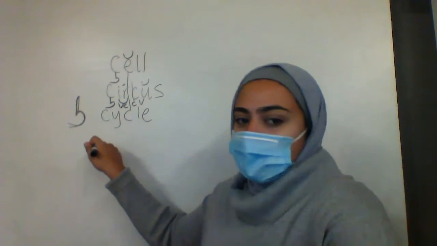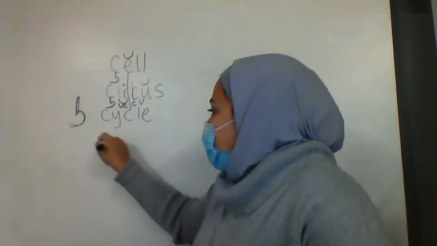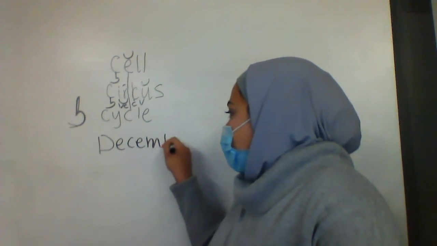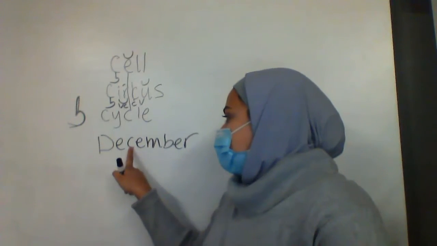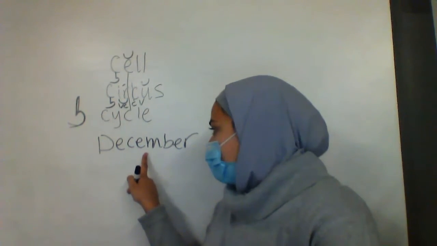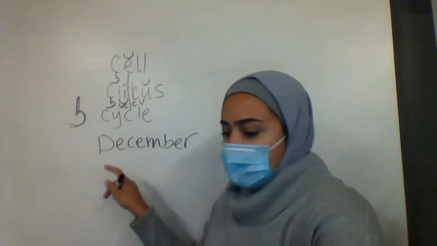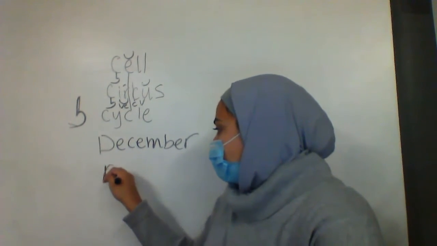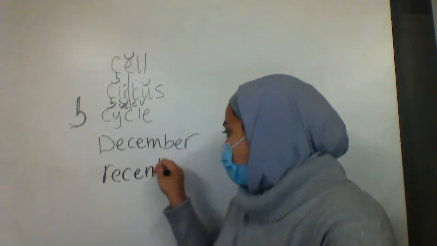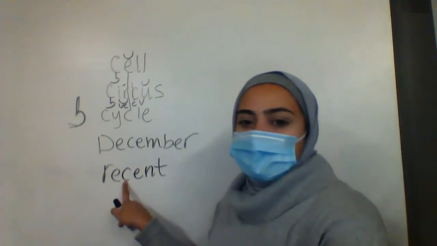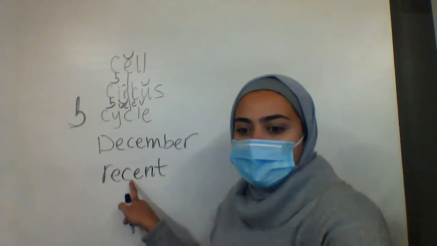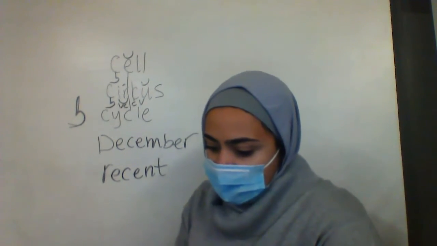For example, the word December is followed by an E, so it's spelled with a C. How about this word? Recent. C is followed by an E. So this sound is spelled with a C.